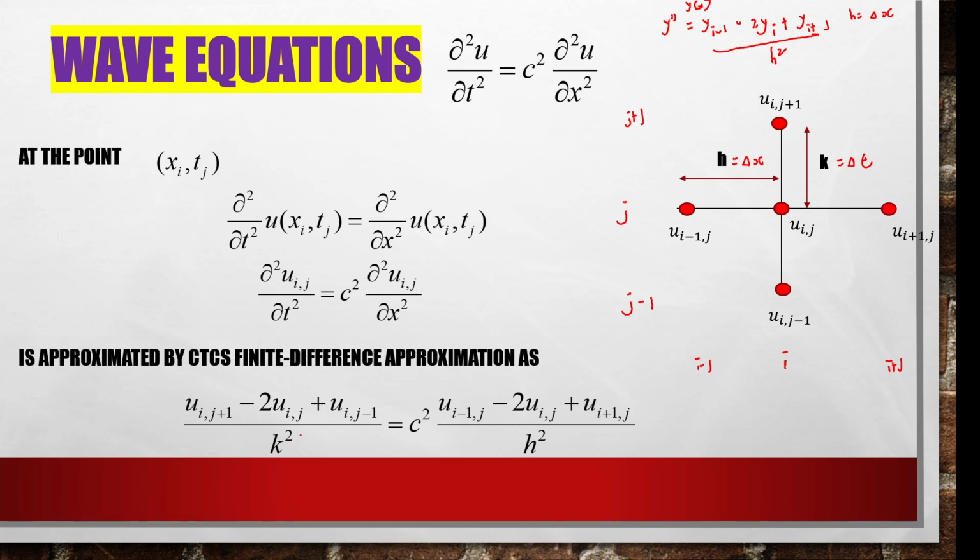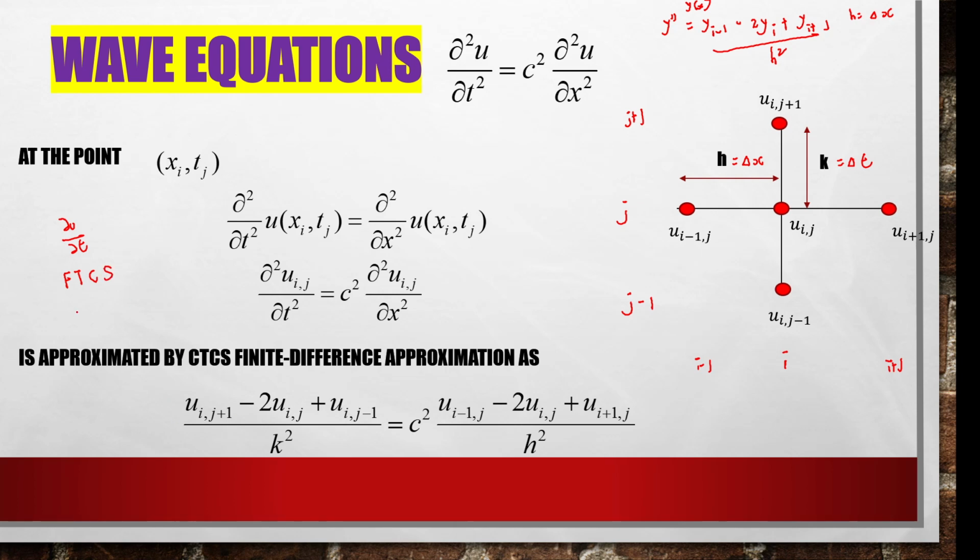If no questions, you can compare with the heat equation using the explicit scheme. For the heat equation, the left-hand side is del u del t standing at the point xitj, and the scheme is forward time center space.